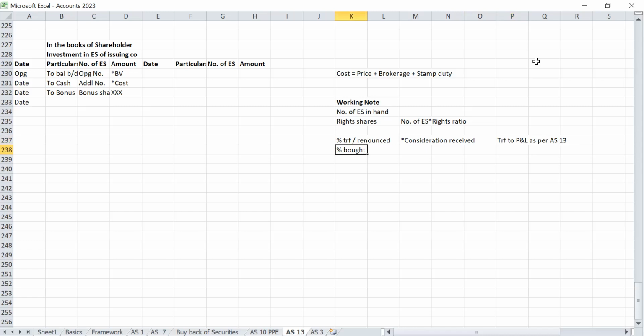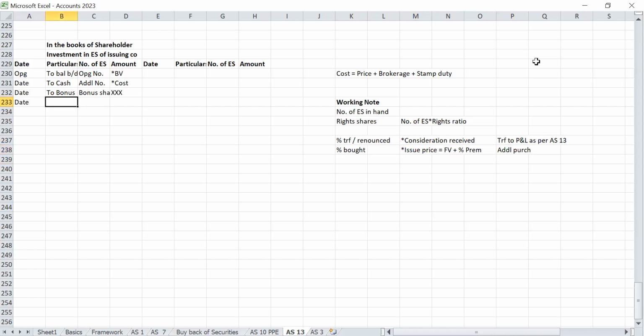Yes sir. And some percentage will be bought: that number of shares into issue price. Sometimes it will be given as face value plus percentage of premium. This will be accounted as normal purchase.